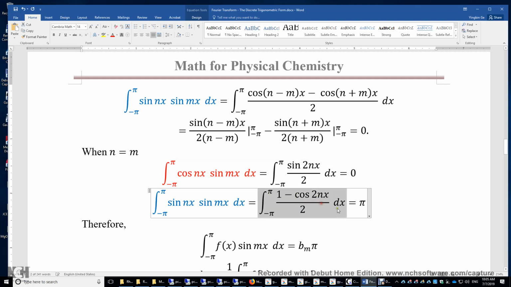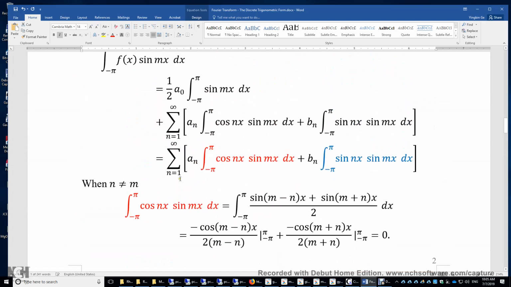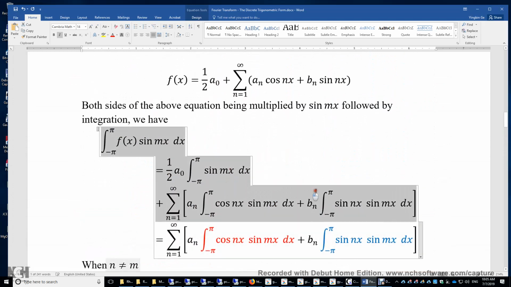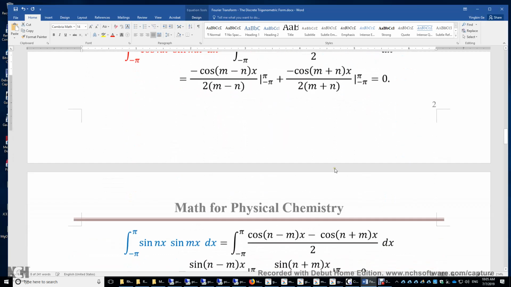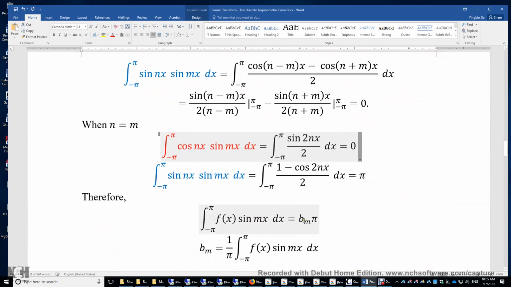Therefore, we just integrate 1/2 dx, which is just pi if you plug in the lower limit and the upper limit. So again, if you look at this entire series here, really complicated, but this is 0. All of this is 0, and among this infinite number of terms, there's only one non-zero term, which is b sub m times pi.